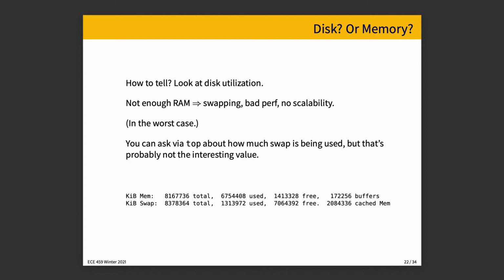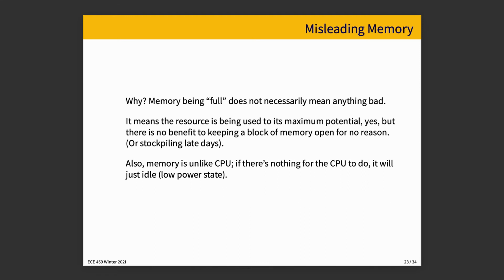So looking at something like this, again from Loki. It had 8 gigabytes of RAM in it, of which about 6 3/4 gigabytes were in use, and 1 and a bit are free, and swap was about of equal size, and so on and so on. Okay.